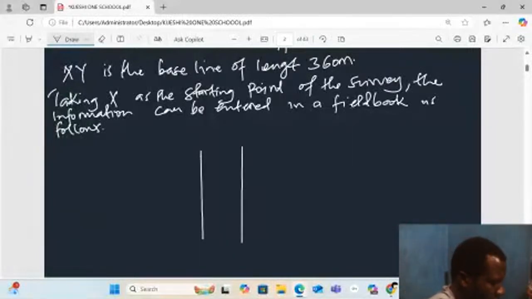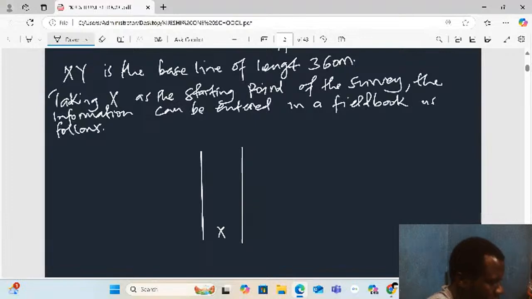So we take X as a base and the starting point.